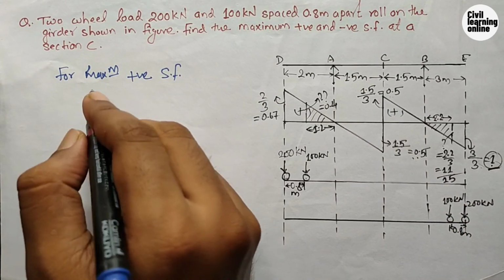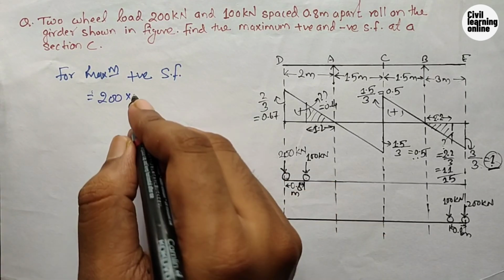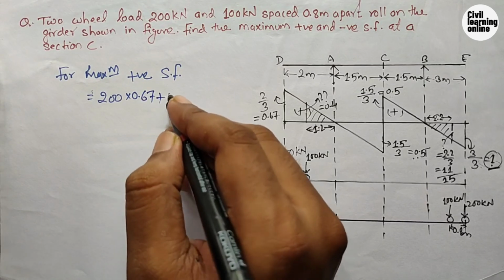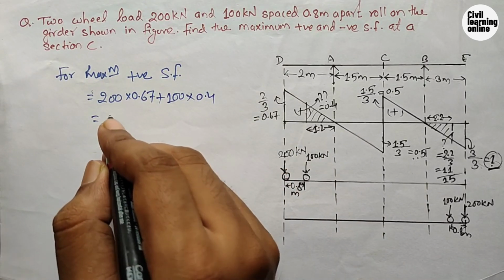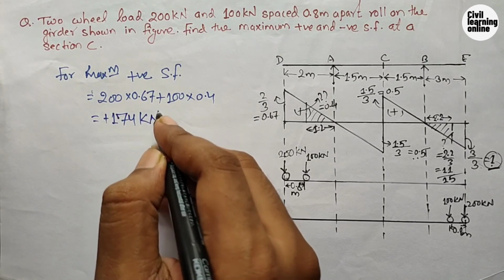Now multiply this. For maximum positive shear force, we will have 200 multiplied by the ordinate 0.67 plus 100 multiplied by 0.4, and on doing this we will get positive 174 kilonewton.